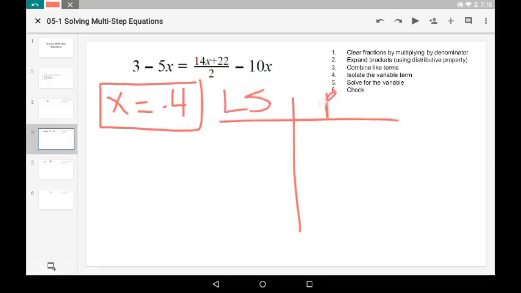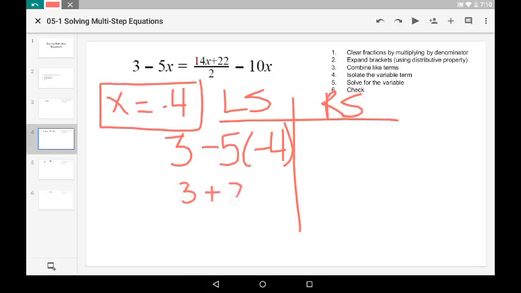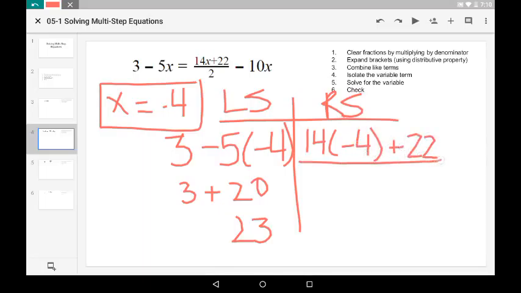Left side, right side. 3 minus 5 times negative 4. Well, that negative 5 times negative 4 is positive 20. So 3 plus 20 gives us 23. On the right side, we have 14 times negative 4 plus 22, all divided by 2, then minus 10 times negative 4.